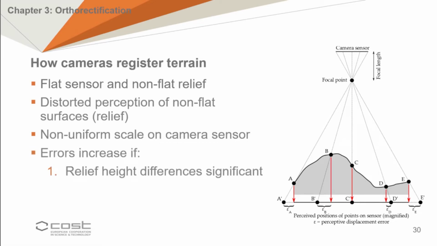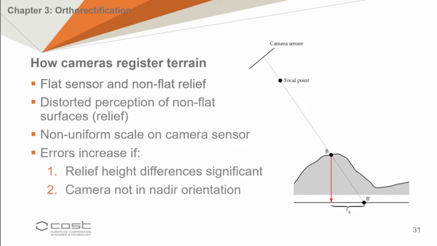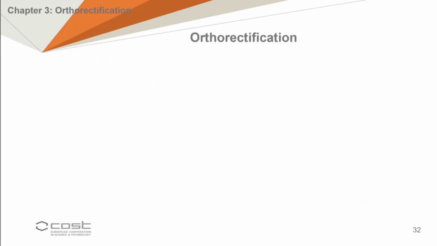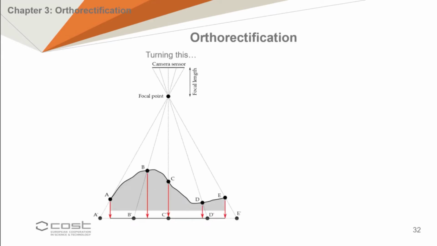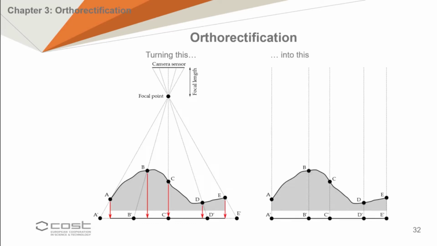However, the errors also increase significantly if the camera is not facing the terrain in a nadir orientation, as you can see in this image here. In short, the orthorectification process aims to turn this perspective view of the camera into a so-called orthographic view with uniform horizontal scale. So how can this be achieved?